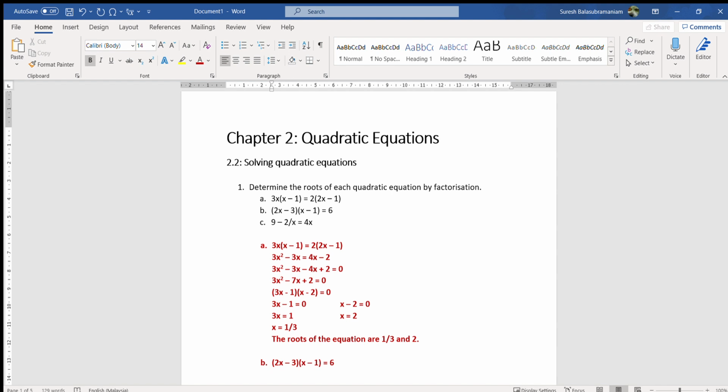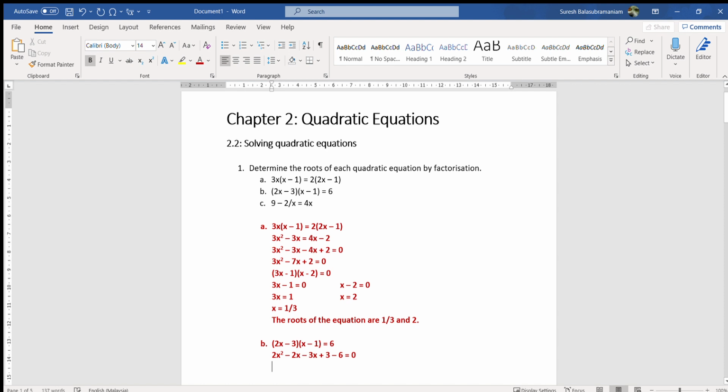We expand that: 2x times x gives 2x², minus 2x, minus 3x, negative 3 and negative 1 gives a plus 3, minus 6. You bring 6 to the left of the equation, equals 0.